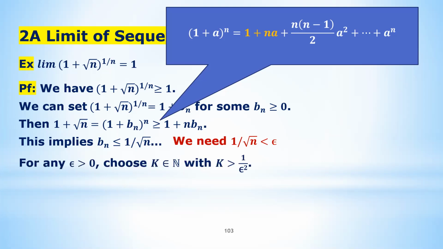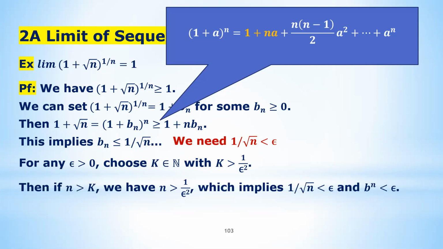Now you can start with the main paragraph of the proof. For any epsilon greater than 0, you can choose k greater than 1 over epsilon squared. The square corresponds to the square root, as you will see in a moment. This means that when n is greater than k, n will be greater than 1 over epsilon squared.